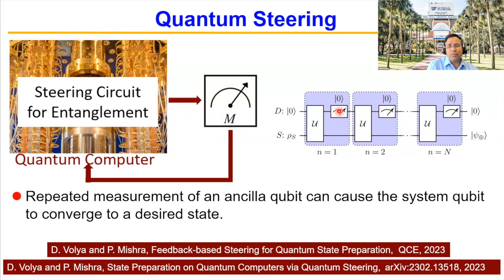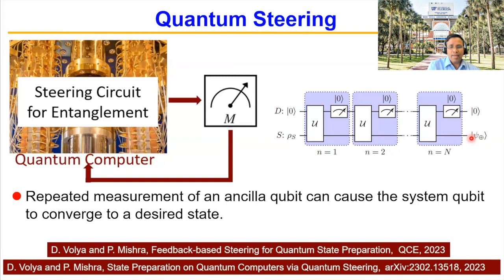Now you might be thinking, well, you are measuring, so therefore classical is getting involved, so overhead is there. The answer is no. We are simply measuring. We don't care about the actual value we get out of it. The act of measurement, or measurement-induced steering, is going to guide this system qubit where I want it to go.